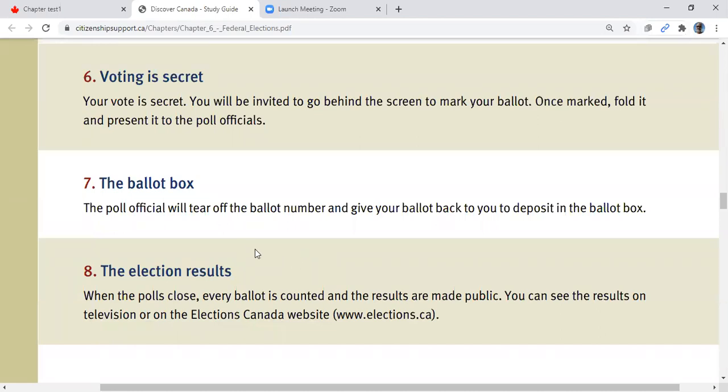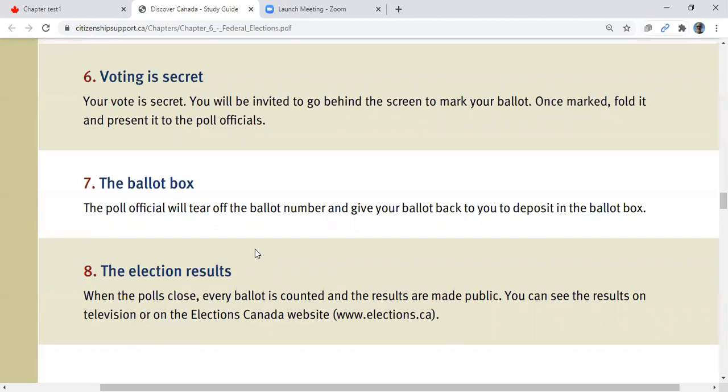Very good. You're welcome. And so as soon as the polls close, when the polling station closes at a certain time, maybe 8 o'clock or maybe 10 o'clock, they count every ballot, and then everybody knows right away who the winner is and who the loser is.